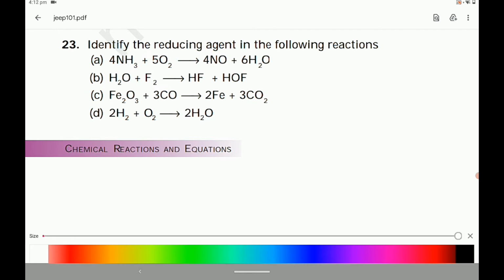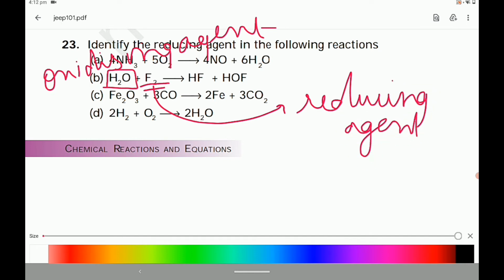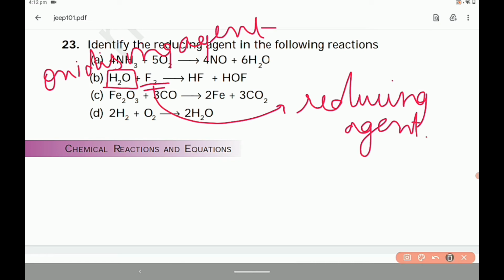So here water is actually acting as an oxidizing agent. So fluorine will be a reducing agent. Okay, I hope it's clear.